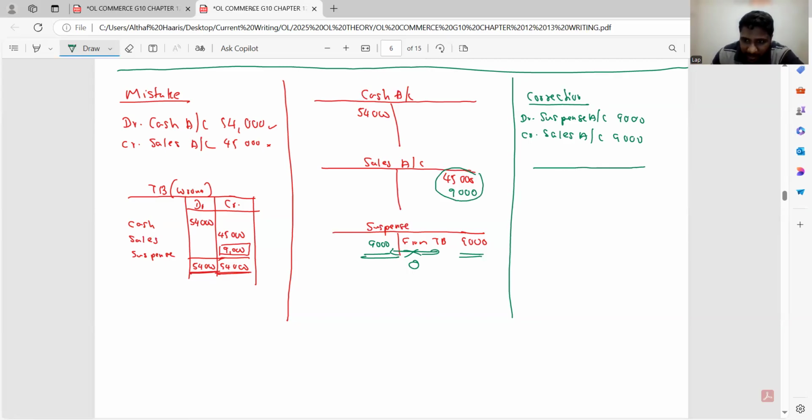So if you prepare a corrected trial balance, debit side, credit side, cash debit side you have 54,000, sales credit side you have 54,000 after the correction. So the trial balance is nicely balancing without a suspense.